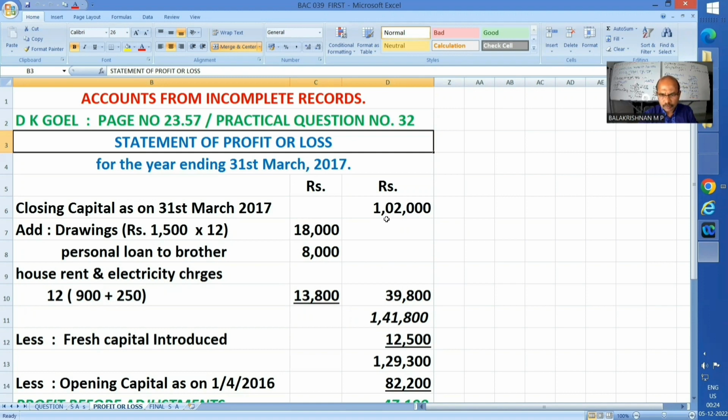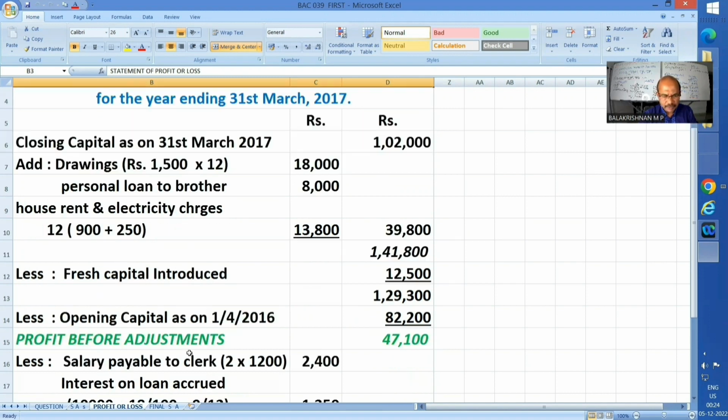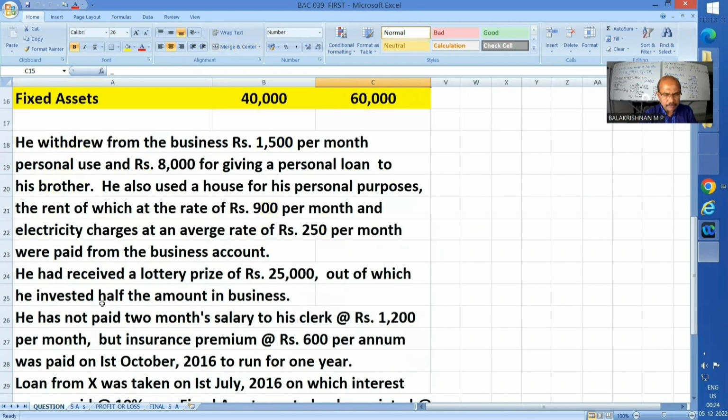So now the total is 1,41,800. Less fresh capital introduced. They have told us here: he had received a lottery prize of rupees 25,000, out of which he invested half the amount in business. Whatever he has invested in business only, we want to consider. That is 12,500, right?